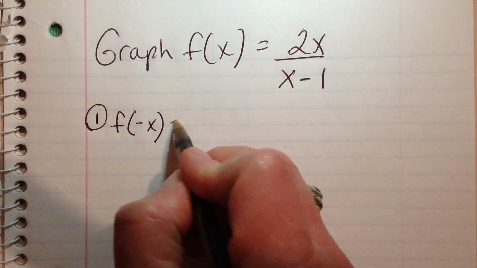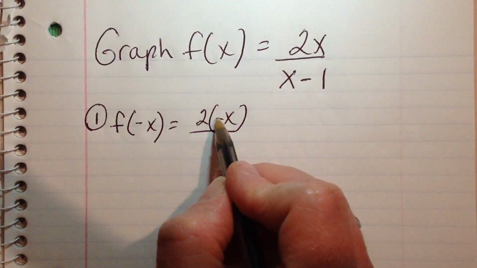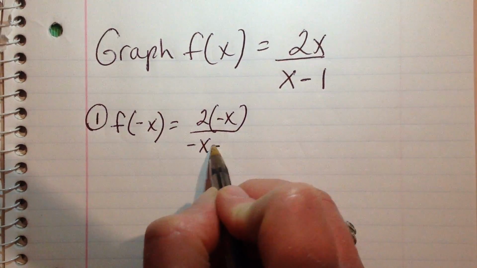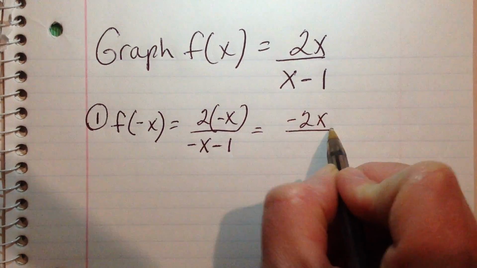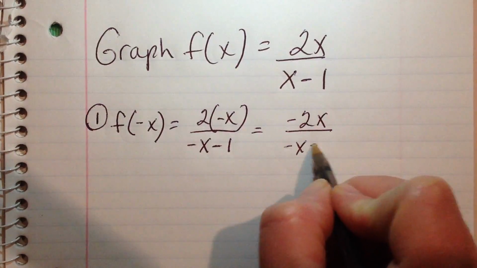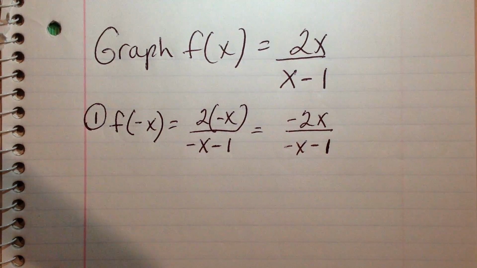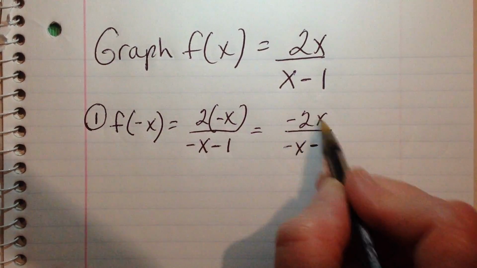If I replace every x with negative x, I get 2 times negative x divided by negative x minus 1. Therefore, I get negative 2x divided by negative x minus 1. Now, when I look at that, I see that I could simplify this more.